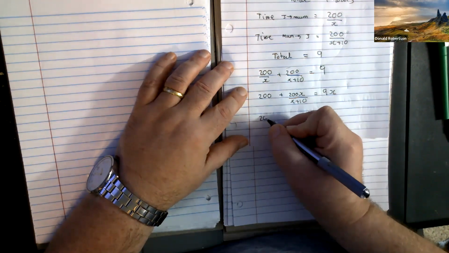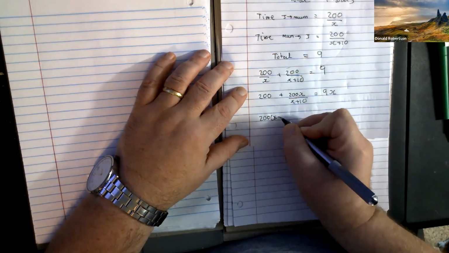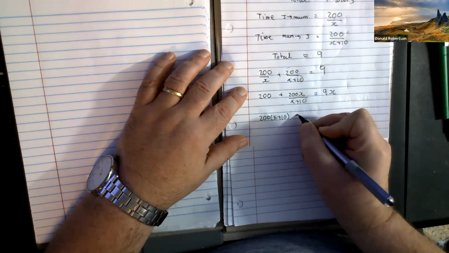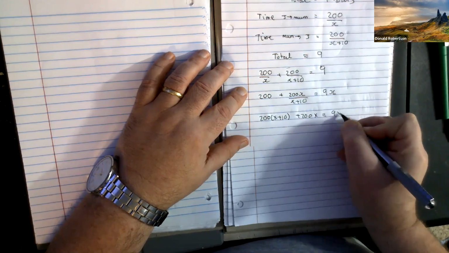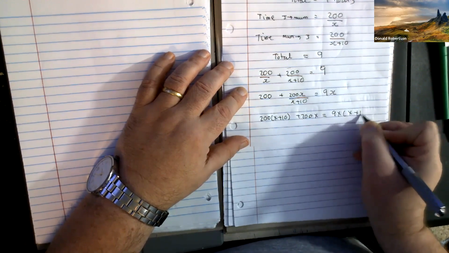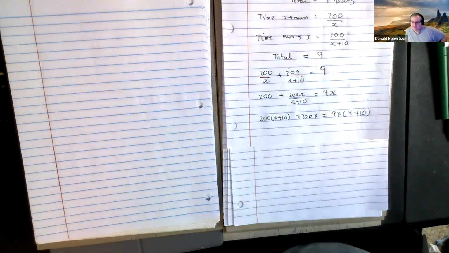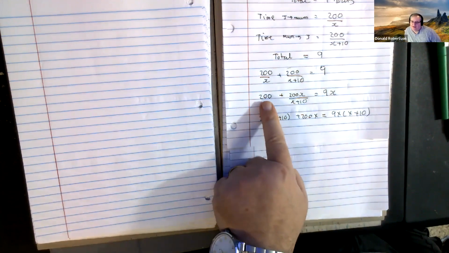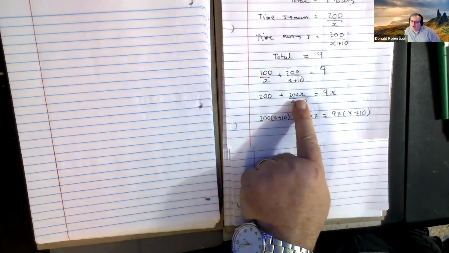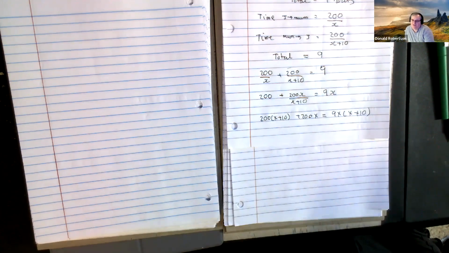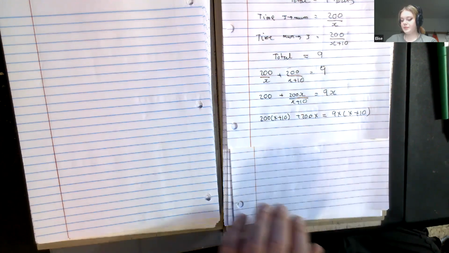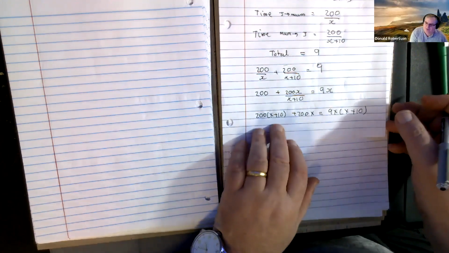So I'm going to get 200 x add 10s plus 200x equals 9x x add 10. Multiply that guy by x add 10, multiply this guy by x add 10, multiply this guy by x add 10. Looking good? Yeah. Now, have you noticed that we now have a quadratic, if we will, in a few lines?